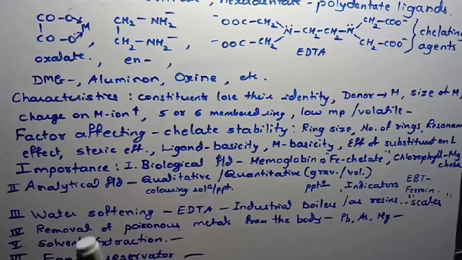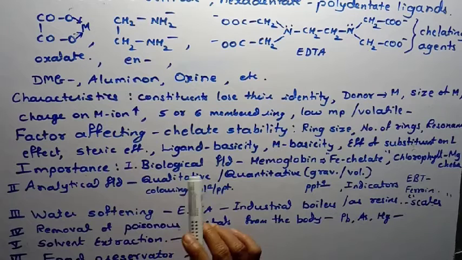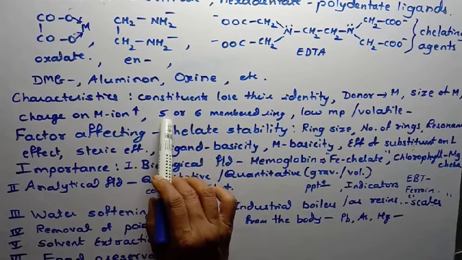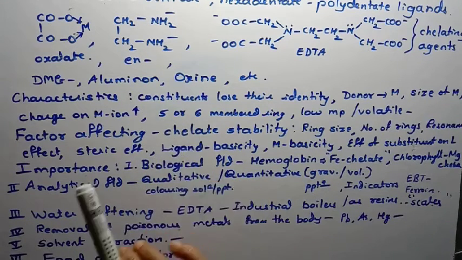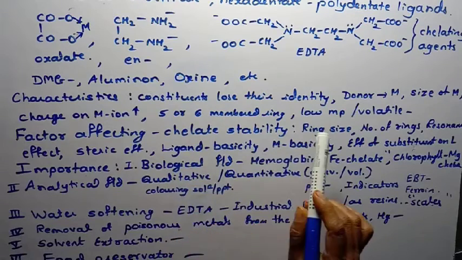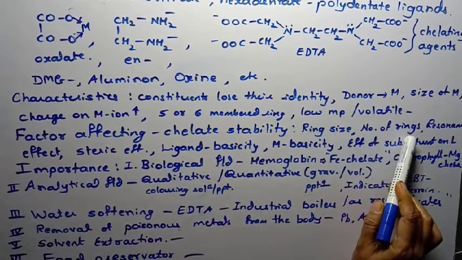As per the angle strain theory in organic chemistry, 5-membered rings are quite stable compared to 6-membered rings.